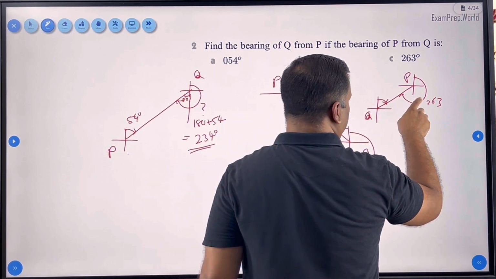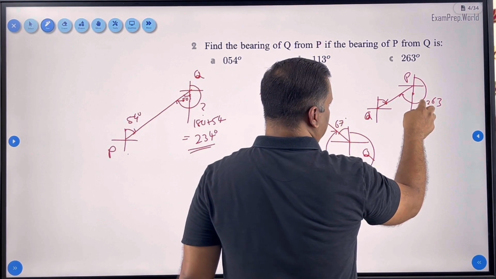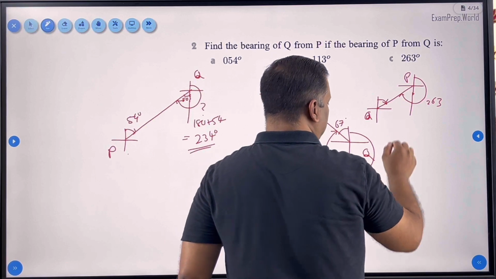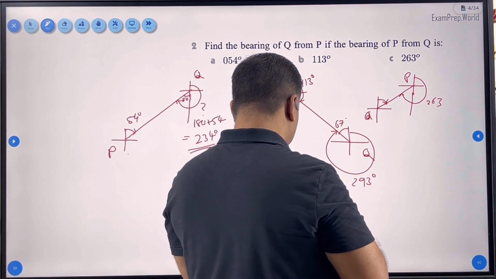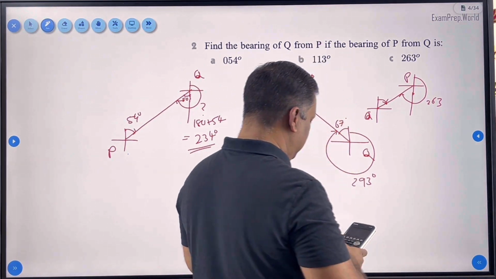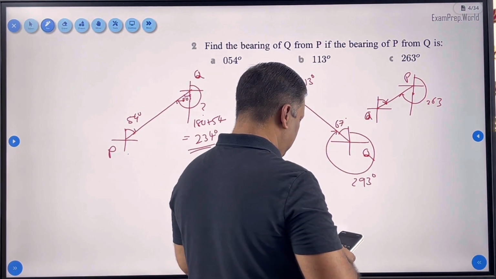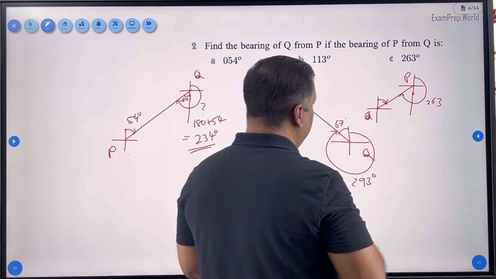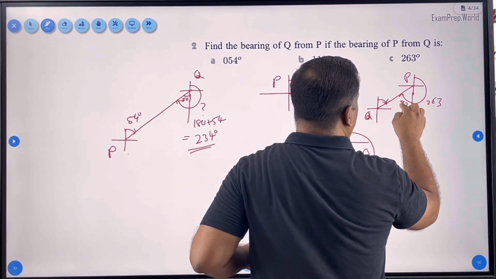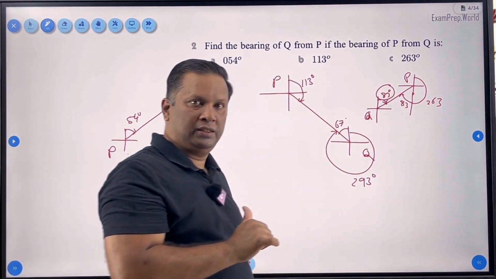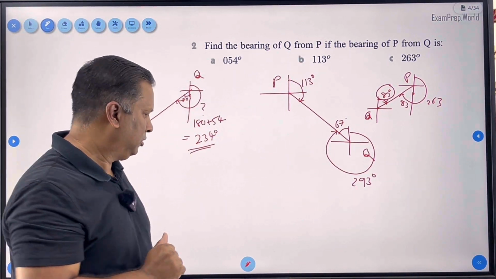If this is 263, how much is this angle? 263 minus 180, what we are doing? 263 minus 180 is 83. So this is also 83 degrees. So our answer is 83 degrees. Understanding, right? Okay.